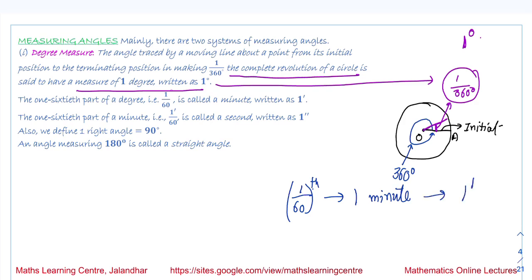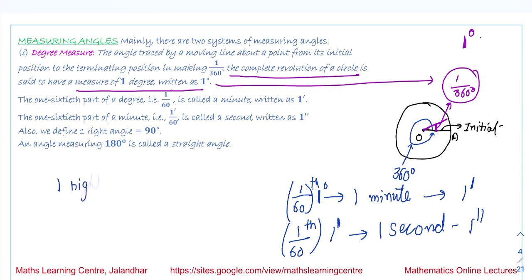It is represented as this. And 1 by 60th part of 1 minute is called 1 second, and it is written as 1 second.